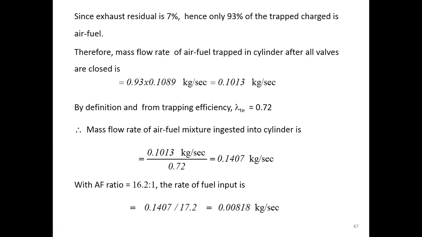This 17.2 is equivalent to 0.1407 kilogram per second, and fuel is just 1 part. So we divide 0.1407 by 17.2, and it gives us the rate of the fuel input.